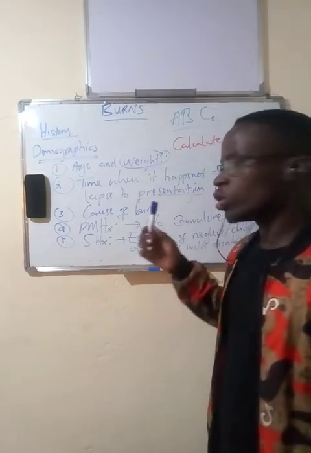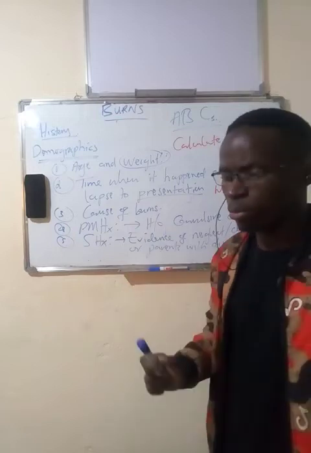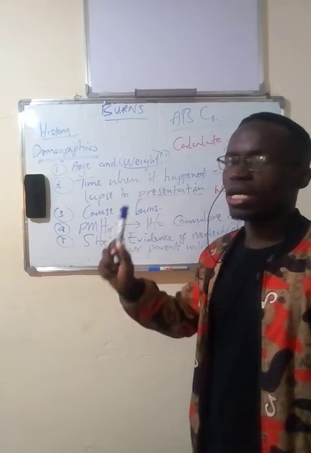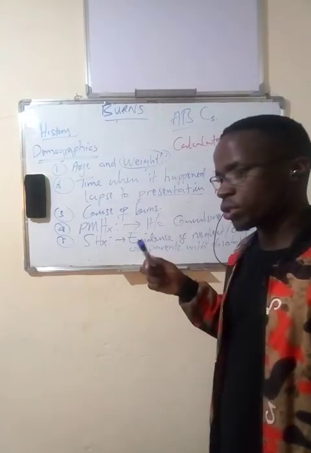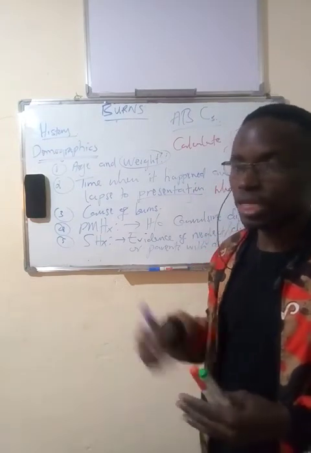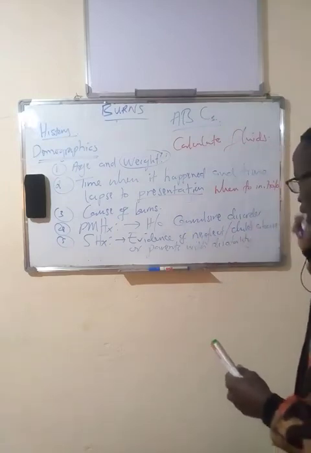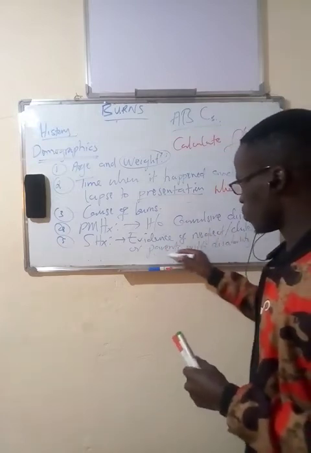So after you treat the patient, you don't want the patient to go to the same environment where they will still be exposed to similar incidences. After you treat your patient, you have to make sure that where they are going, a similar thing is not going to happen. That's why you are asking about the issue of neglect or child abuse, or their parents with disability.